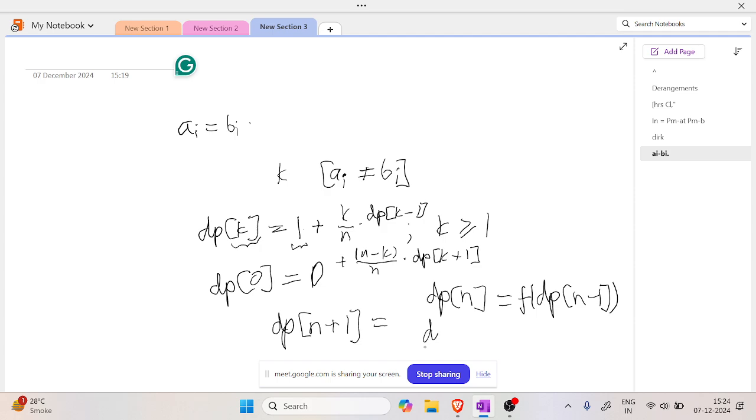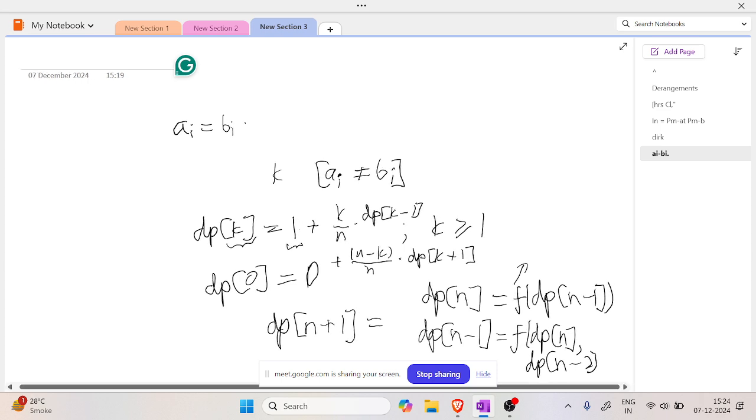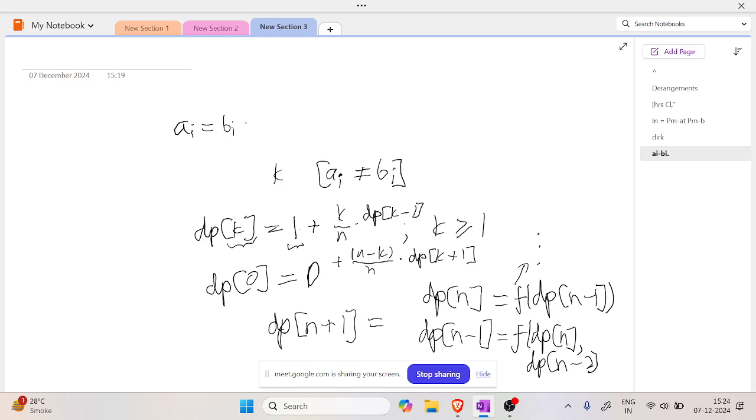And dp of n minus 1 is again, and the important part is that these functions are all linear functions, and this is some function of dp of n, dp of n minus 2, and so on until, and once again, okay, this page.